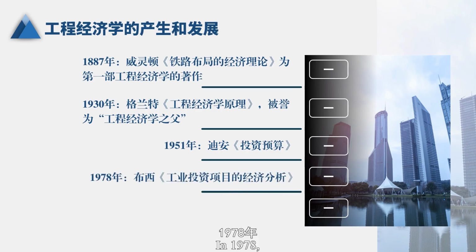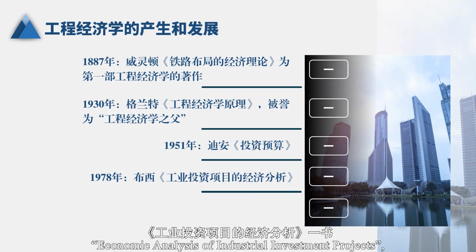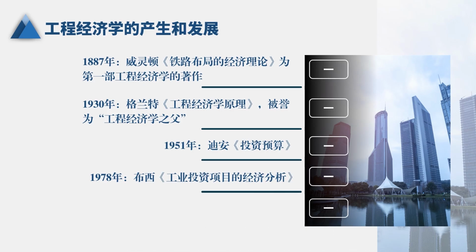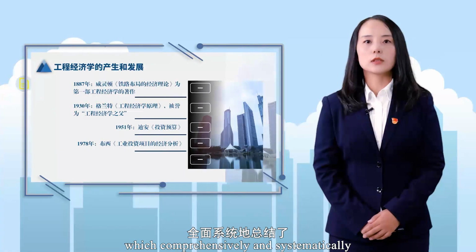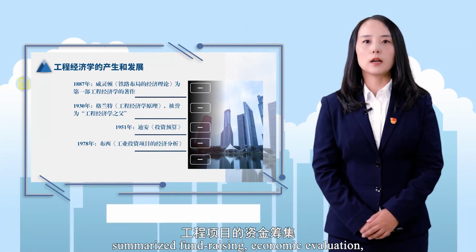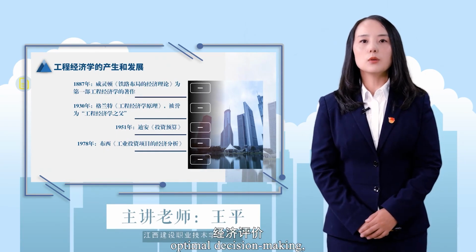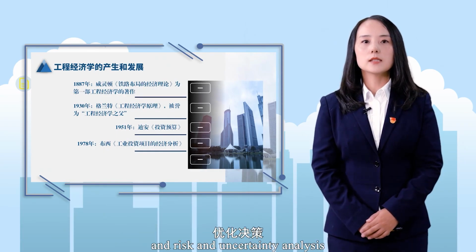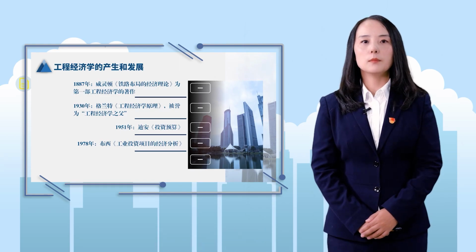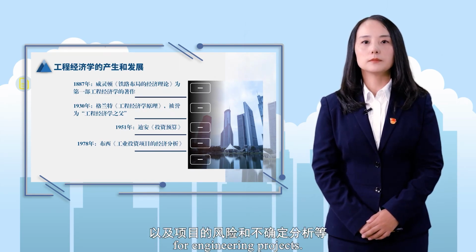In 1978, Bushey published Economic Analysis of Industrial Investment Projects, which comprehensively and systematically summarized fundraising, economic evaluation, optimal decision-making, and risk and uncertainty analysis for engineering projects.